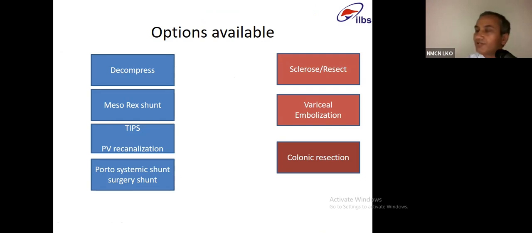They were not feasible. We also looked for the patency of the rex veins, which was also not possible. And when we discussed with our surgeons, the option of colonic resection was also not there. So he was taken up for portosystemic shunt surgery, and after that with splenectomy, and he was fine after that.